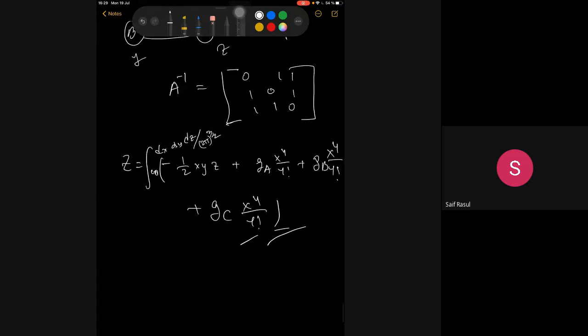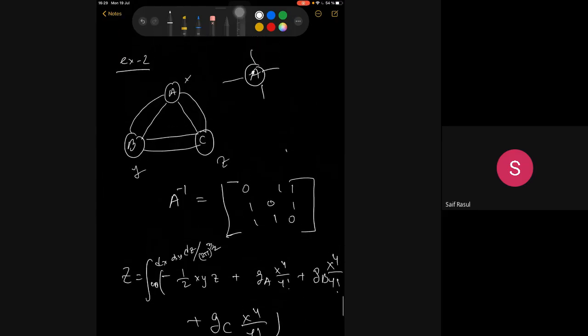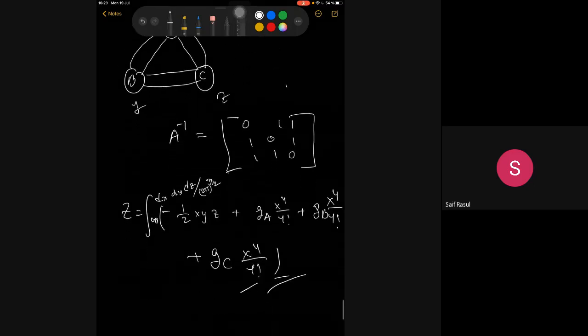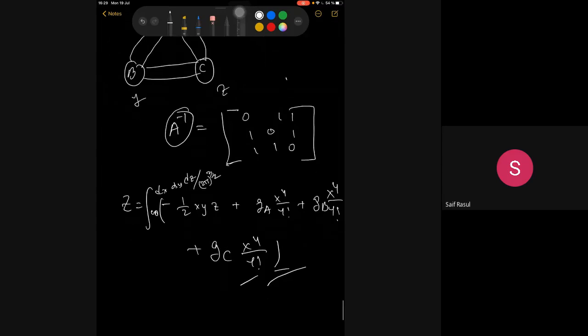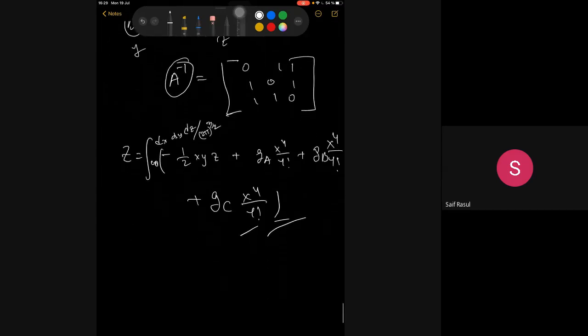The lesson from this is, any kind of vertex we have, we can solve them using either a single variable Gaussian integral or partition function, or a multivariable one. We just need to understand the problem. We can find the A inverse and then backtrack and find the other stuff. So this is one way of solving combinatorics problems related to any graphs, with any vertices you have.